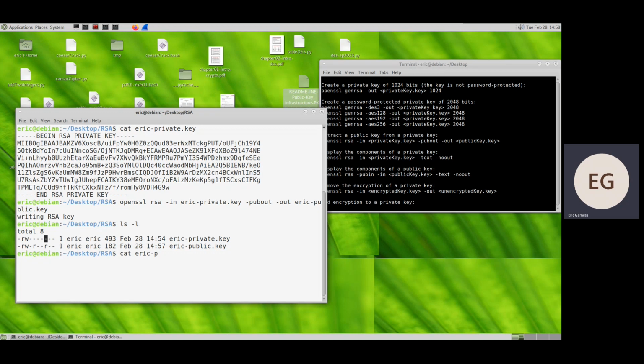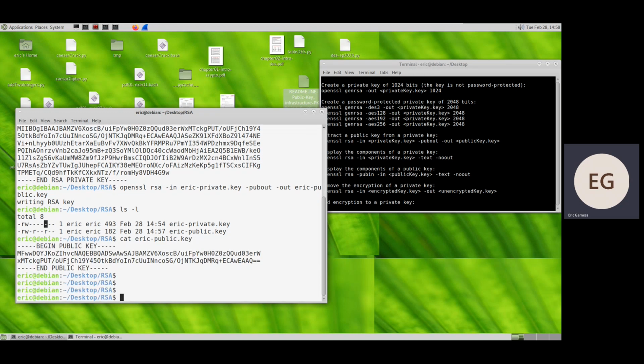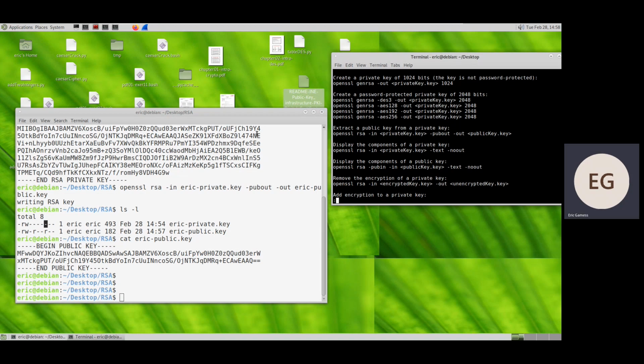And as you will see, it is also encoded in base64. This is my public key. So what do you know that we have in the public key? Because we have been working with that and talking about it for some days. What should we see in the public key? You remember the public key is two integers, the modulus and the public exponent.